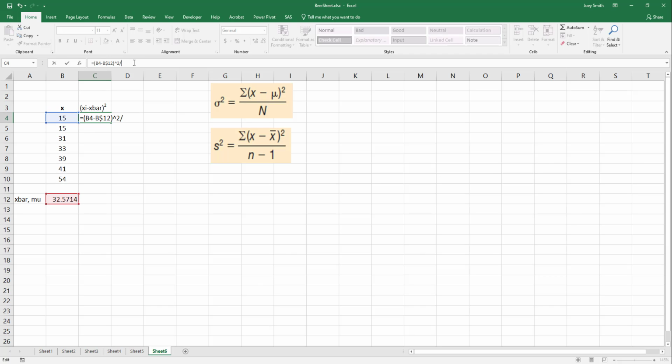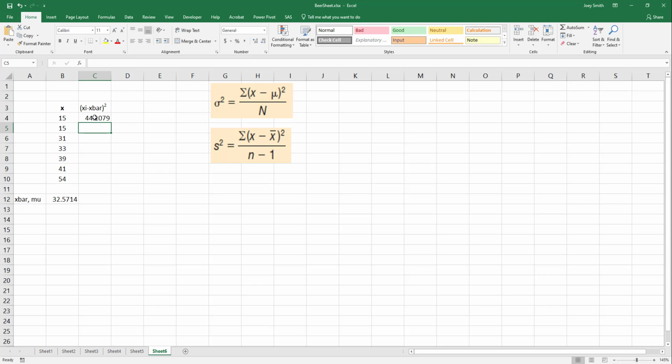And so N is 7. So we're going to divide this entire thing by 7. And I'm going to put it in parentheses just to be safe. Okay, so B4 minus B12 raised to the second power, that's X minus mu squared, and we're going to divide it by 7.